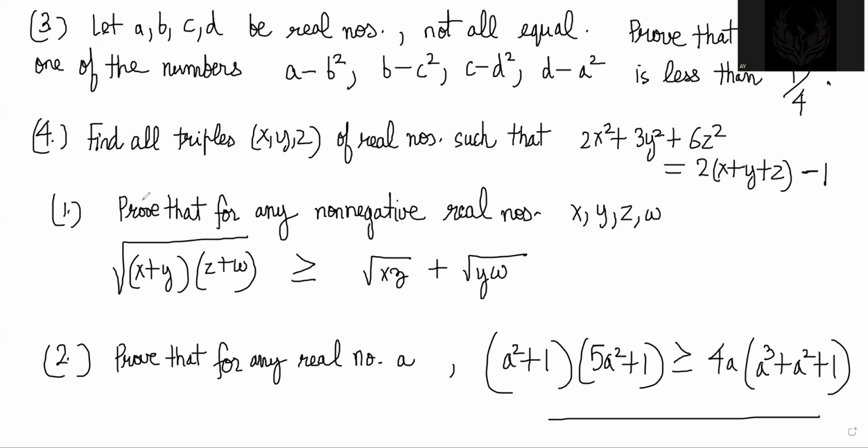What can you say about the first one? First one, I squared both sides and then I got like the AM-GM, so I just did that. What do you mean? If you square both sides, what is happening? I expanded, so I got (xw plus yz) by 2 is greater than or equal to root of xyzw.